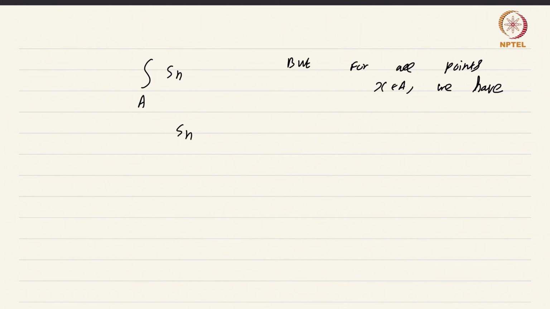Excellent. Now we are going to deal with the integral of S_n over A. For all points x in A, we have S_n(x) is less than epsilon if n is greater than the maximum of N_x1, N_x2, up to N_xp.